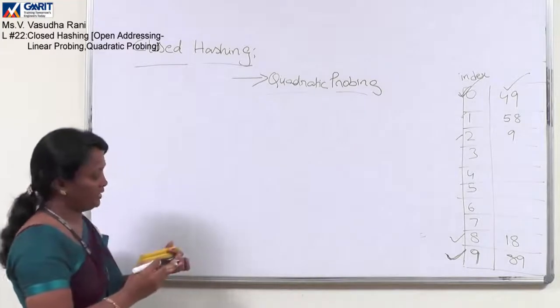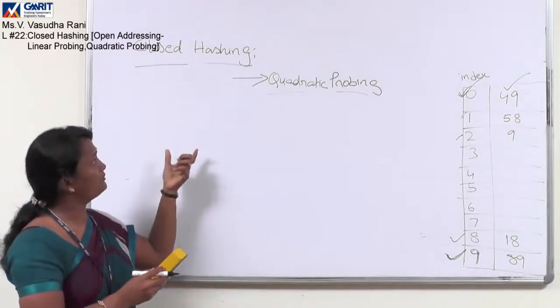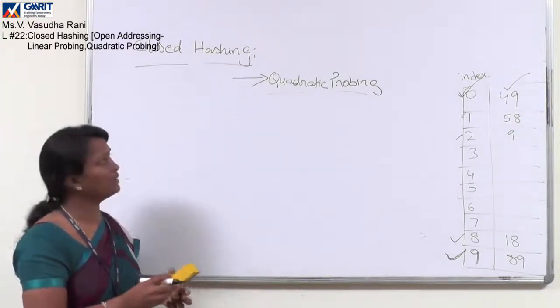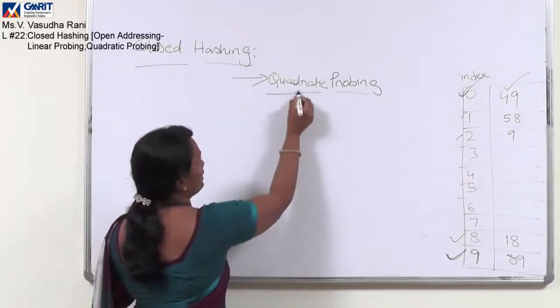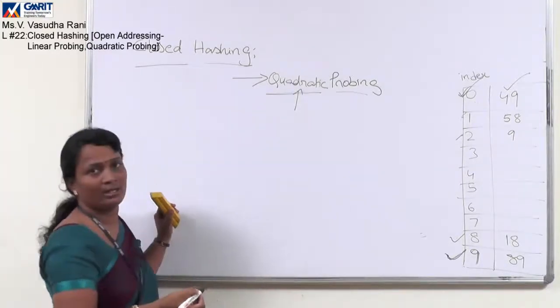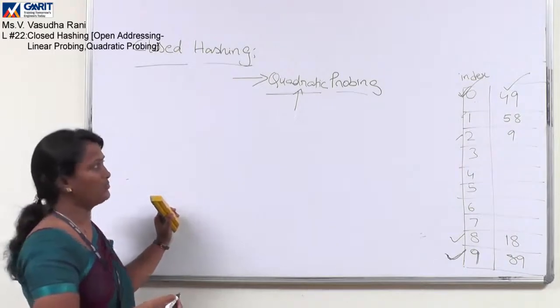Quadratic probing is giving a small difference with the earlier linear probing method. By the name it is showing that it is using a quadratic expression in defining the hash function.